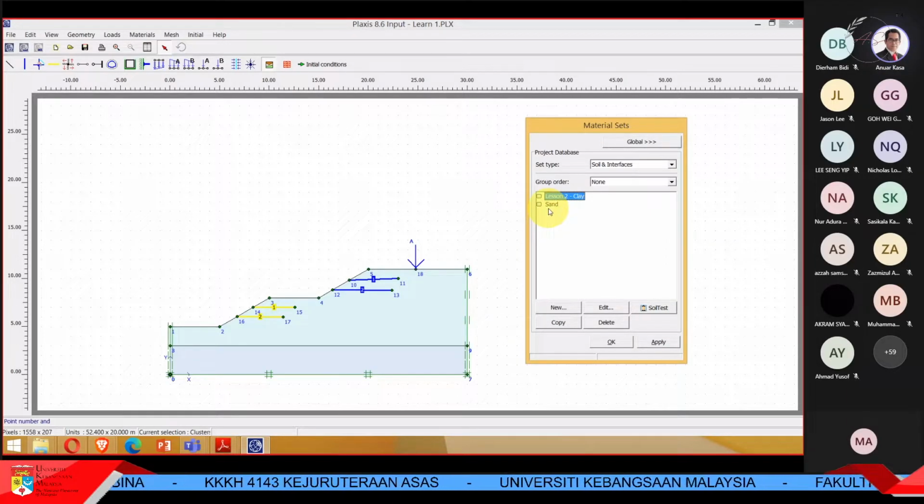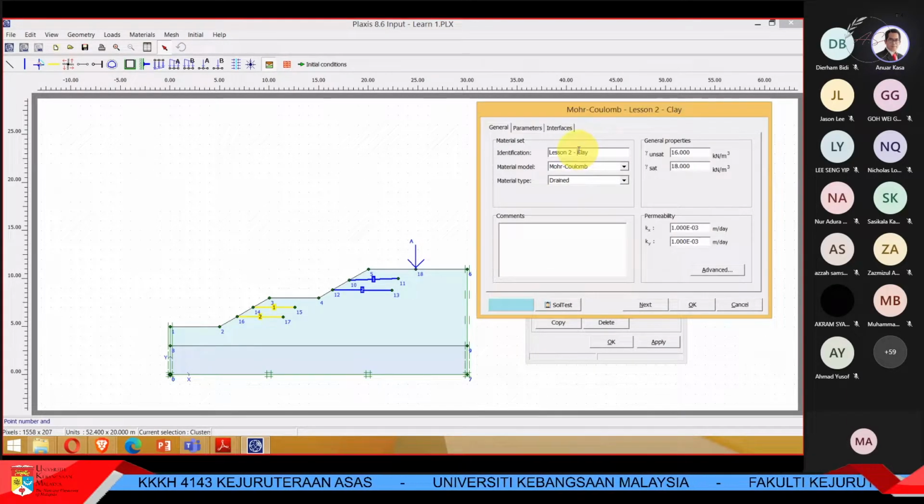So this one we can double click and maybe just give a name, clay. And then we can also change the color. For the clay here, 16, 18. Because it is clay, they're using 0.00001 meter per day, because for clay the K value is very low.